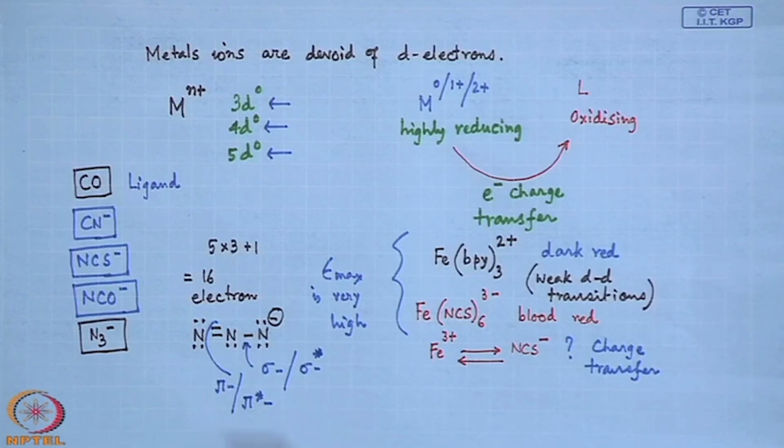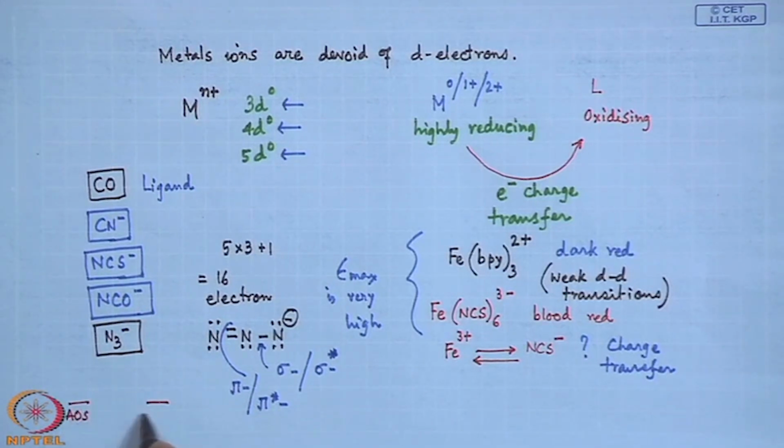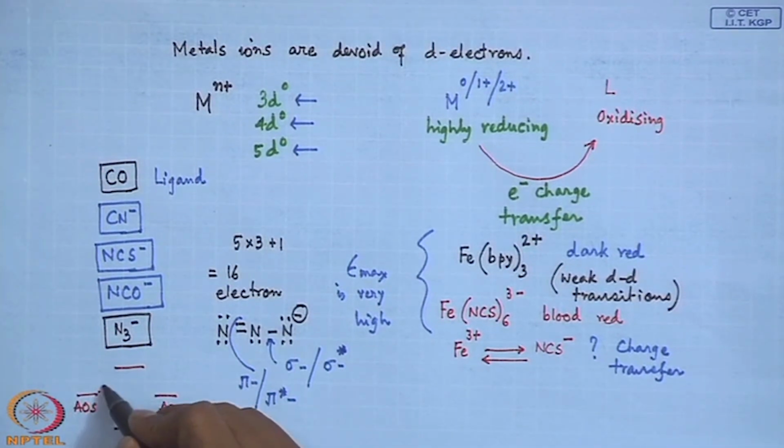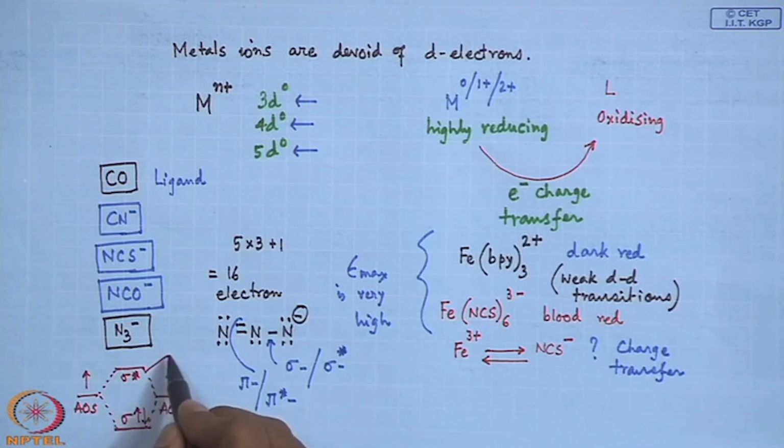In the molecular orbital picture, when two atomic orbitals form molecular orbitals, we have sigma and sigma star, and for the two electrons present in these atomic orbitals, we have the paired electrons in the sigma level, and the sigma star is vacant.